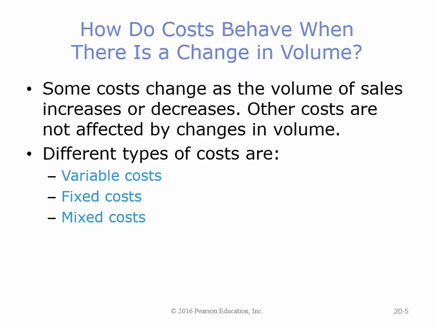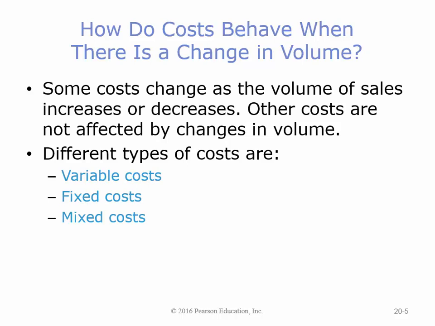So it's fixed. The third type is called a mixed cost. Some costs have a variable component and a fixed component. A good example of that might be our utilities. Just to have our utilities on and running, regardless of our volume, there's probably some cost involved with that. But if we have a whole bunch of customers coming in and out and opening the door all day, we may have to pay more to keep the building cooled off and things like that.